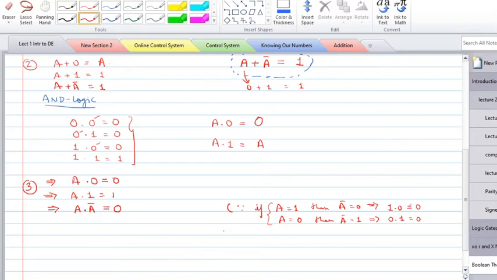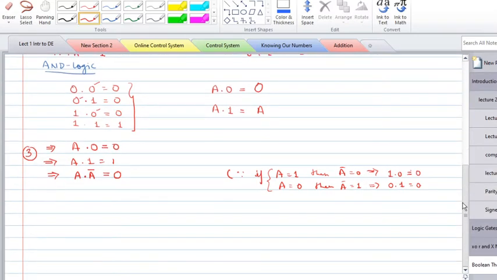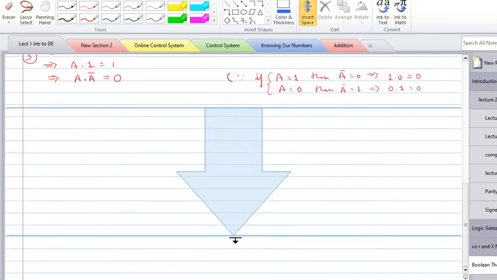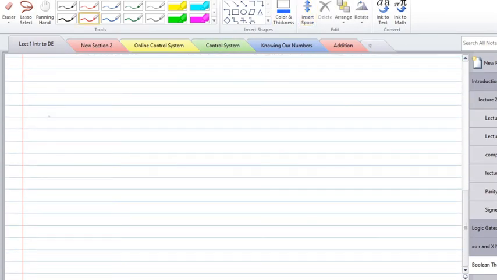Now let us see the associative law. Associative law contains two theorems.